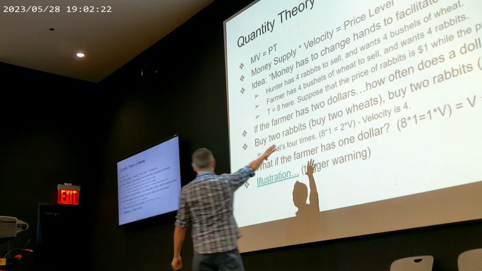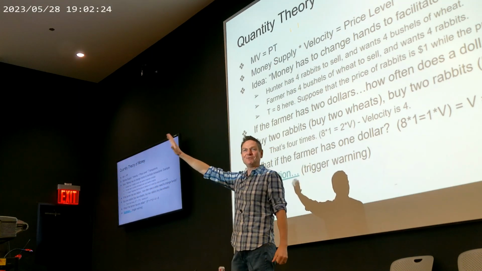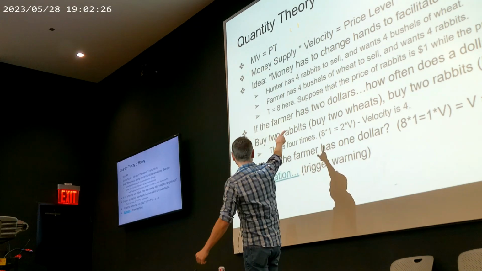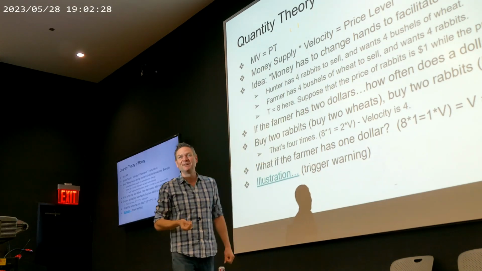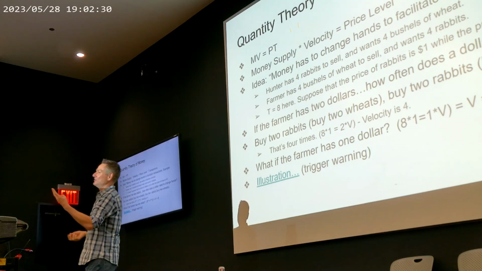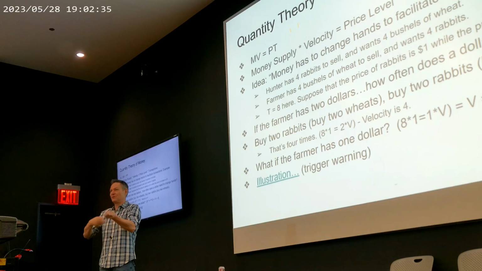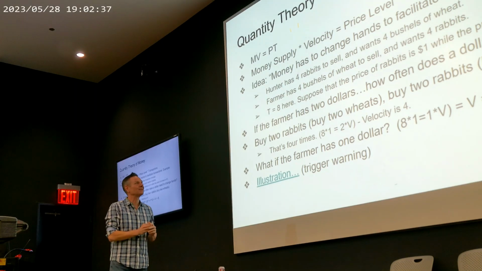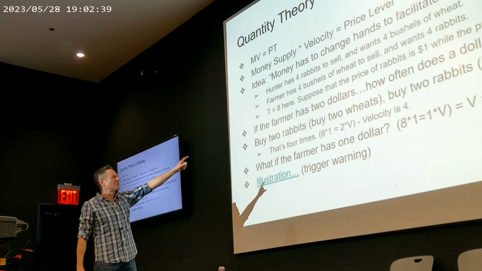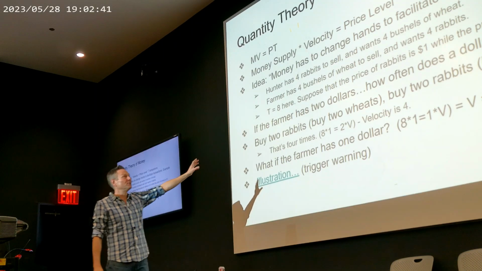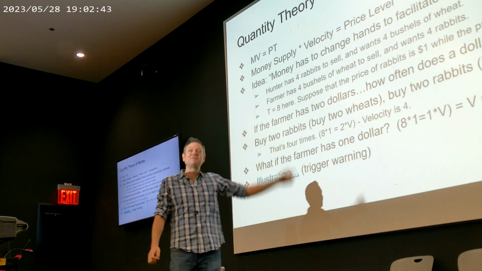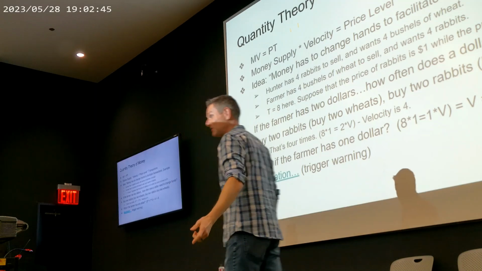Then we can imagine that there's some amount of currency out there in the economy, which I've taken to be $2 initially. So they have $2, maybe 2 gold coins, each worth $1. And the question then becomes, how often does this dollar need to change hands to finance all of these transactions?